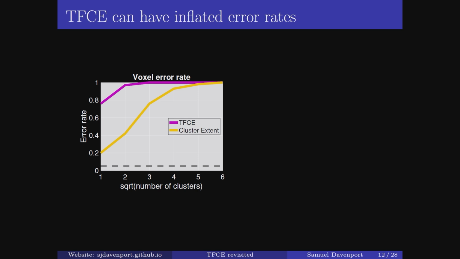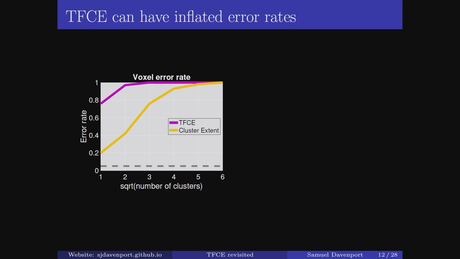So that was just one simulation, but we did many simulations to check the error rate. If you look at the voxel-wise error rate, then TFCE can have a voxel-wise error of up to 80, 90%. But then so can cluster size. Cluster size is less than TFCE, admittedly, but it still can be inflated. That's because neither of these methods is really designed to be a voxel-wise approach. Instead, we can look at the cluster-wise error rate.